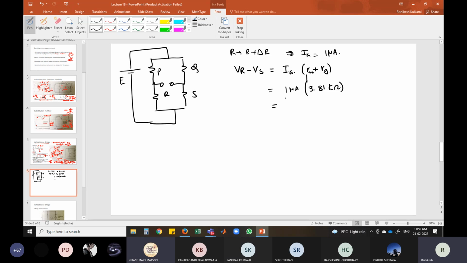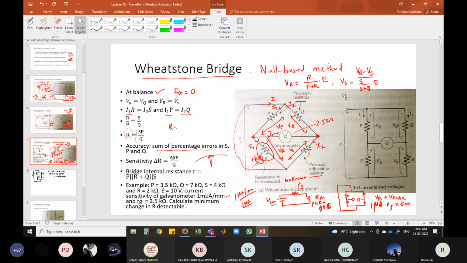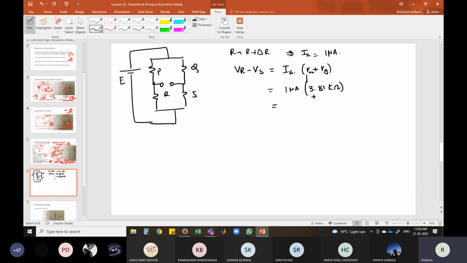I did not add RG to it. Oh, you have not added RG. Okay, it's 6.31 then, sir. RG is 2.5 kilo. So it is coming as 6.31 millivolt.